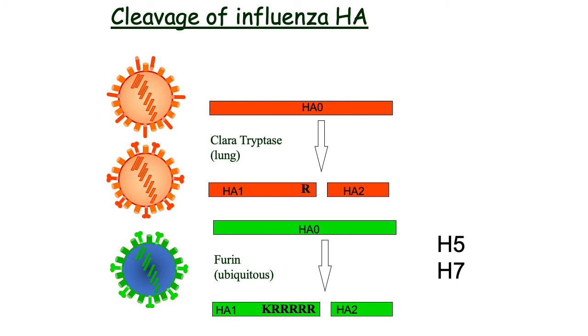And so, with an H5 or an H7, the reason why we worry about these is because they are not restricted to the lung. They can start to grow in other body parts. And when they do, they can cause terrible immune reactions that would result in death. Whereas the normal flu is kind of limited to the lung because the enzyme that activates it is also limited to the lung.